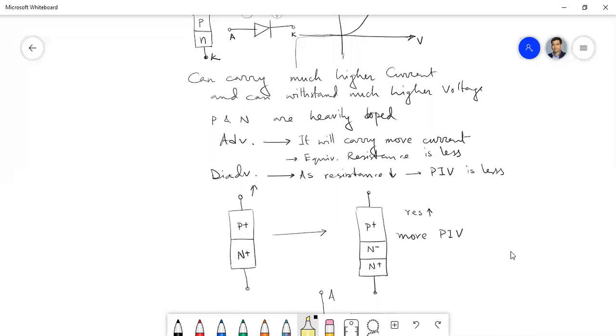Normally the doping level is in the order of 10 to the power 16 per cubic centimeter.